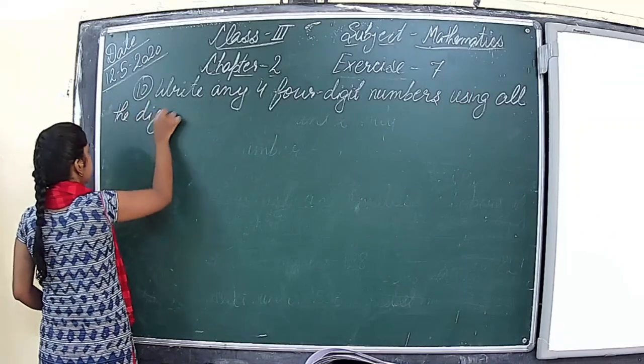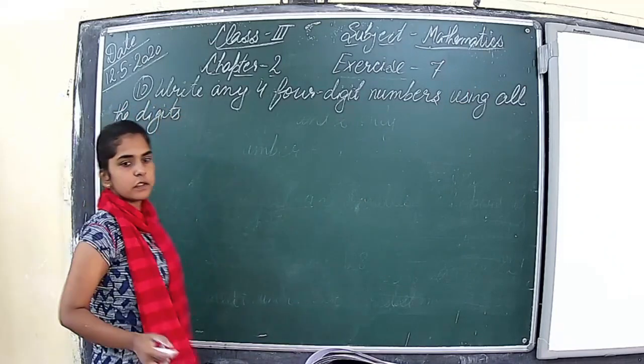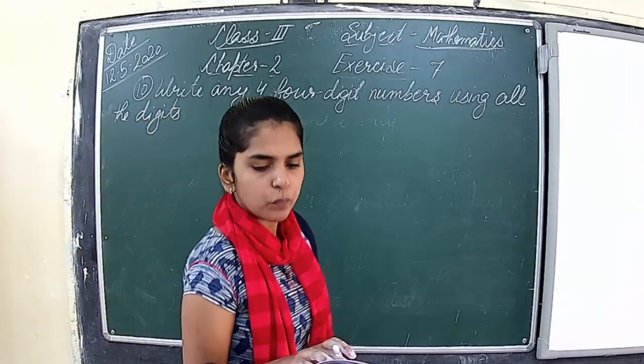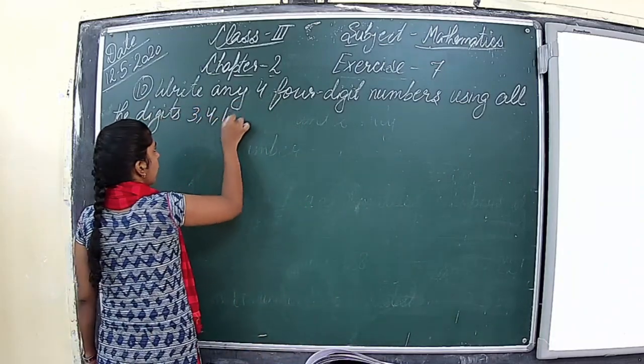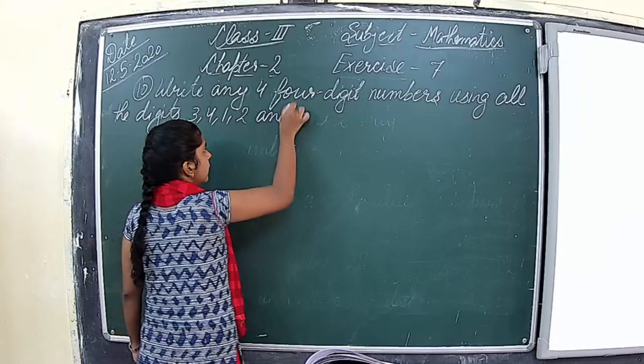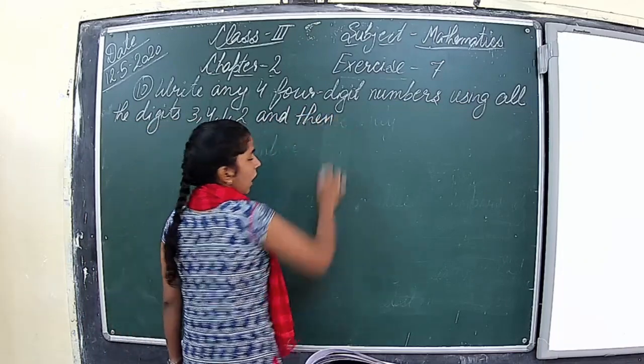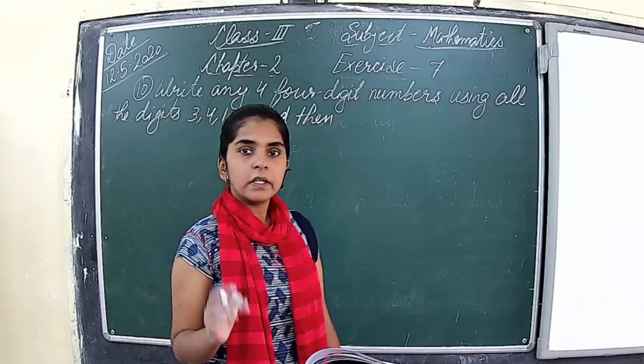And which are the digits? Let us see. Digits are 3, 4, 1, 2, and then arrange them in descending order.